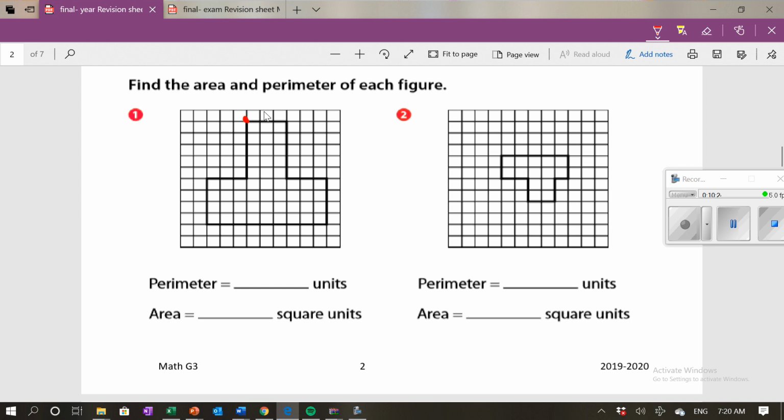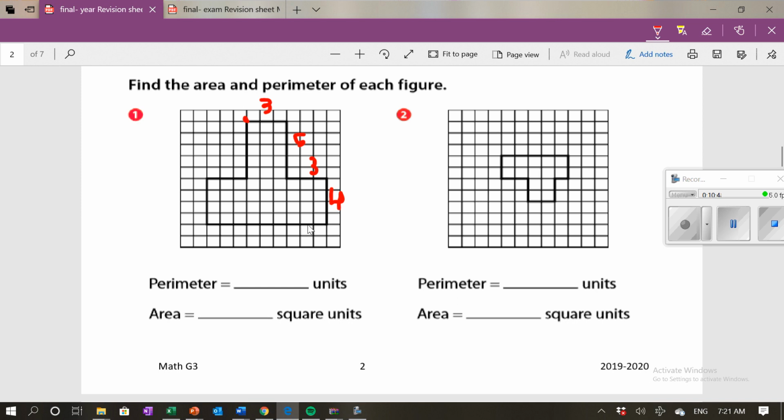Perfect. So here is 1, 2, 3. Here is 1, 2, 3, 4, 5. It is 1, 2, 3. It is 1, 2, 3, 4.